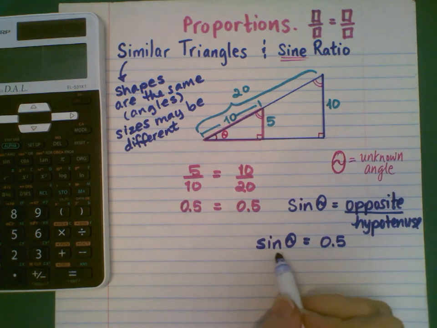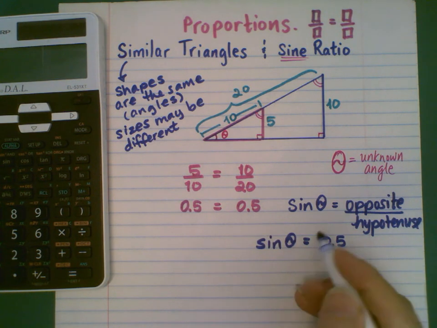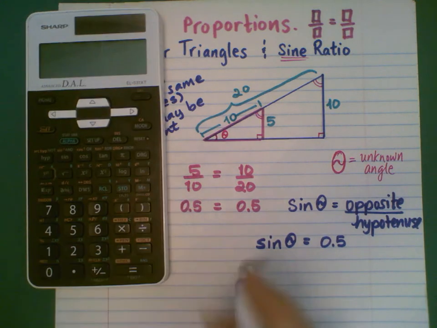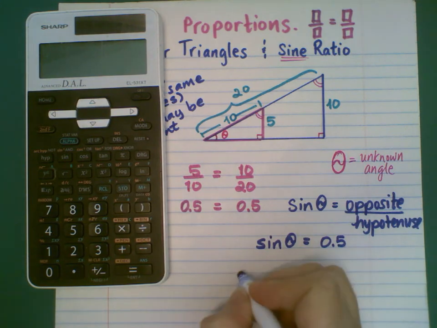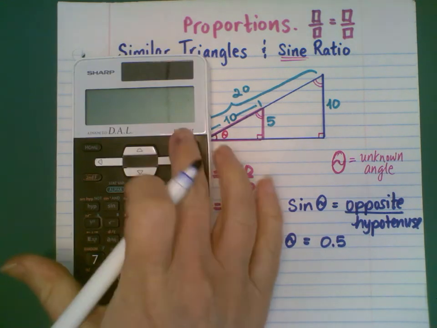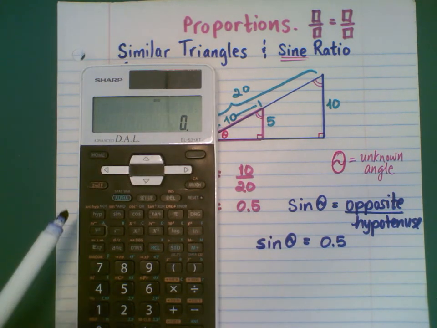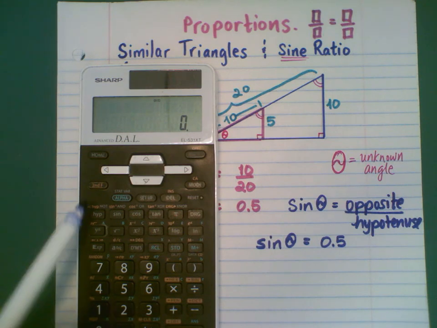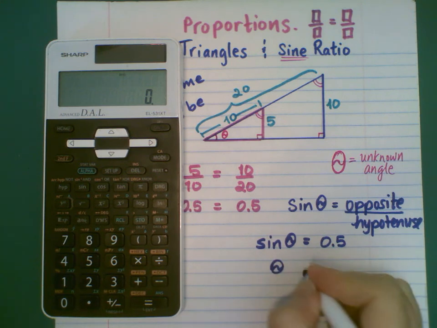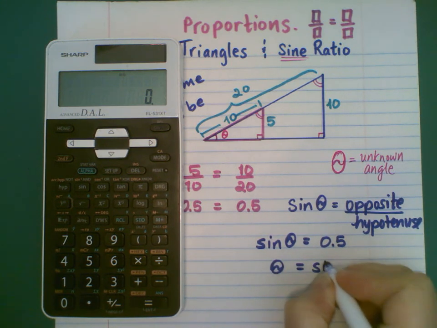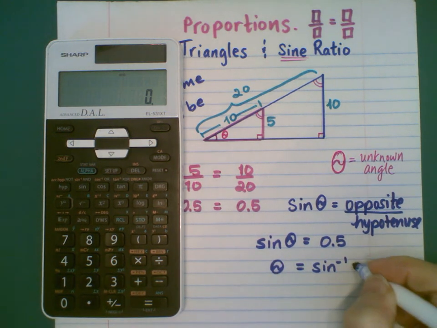And if I was being asked in a problem to find what is the actual measure of theta in degrees, I'm going to need to use my calculator to find what angle generates a sine value of 0.5. So in order to accomplish that, I'm going to use second function, sine. So to find theta, I'm going to do arc sine, it's called, 0.5.